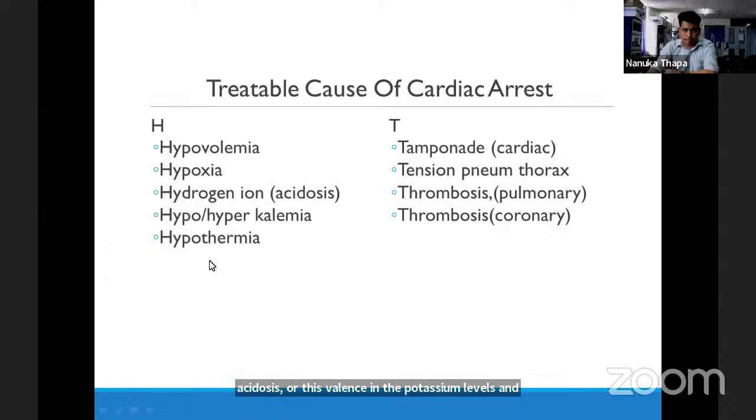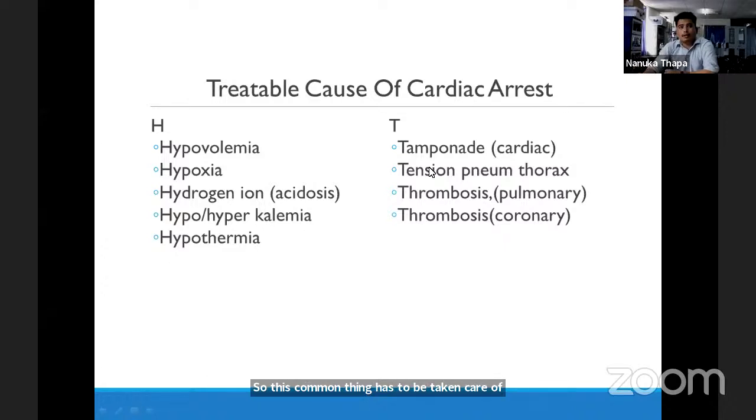Hypokalemia or hyperkalemia may not be assessed immediately, because this requires some laboratory assessment, either blood gas or serum electrolytes. But hypothermia we will know by simply touching the child. So these common things have to be taken care of initially.